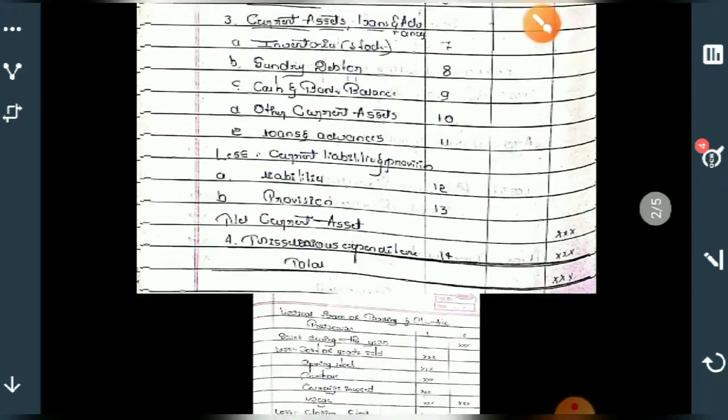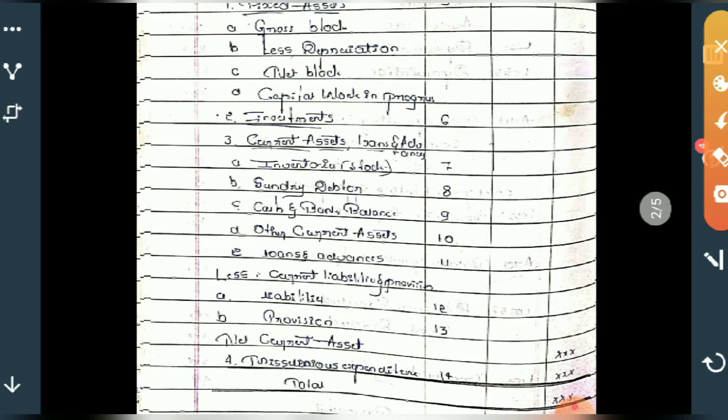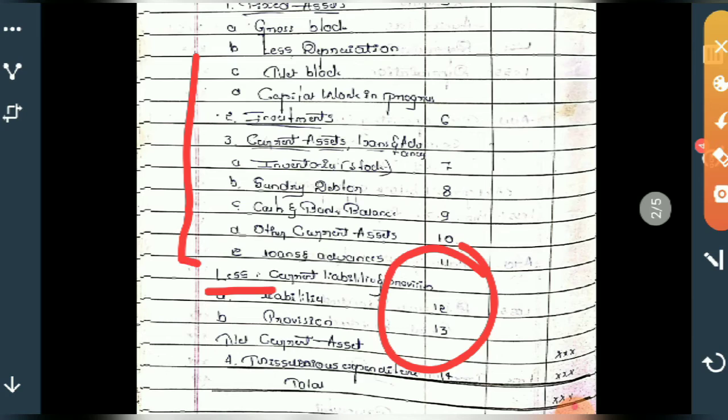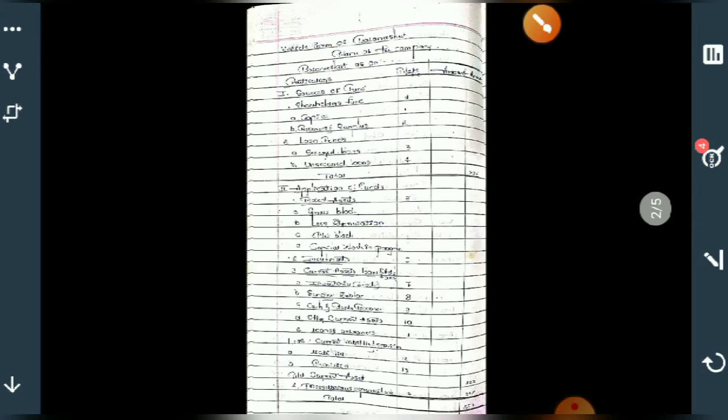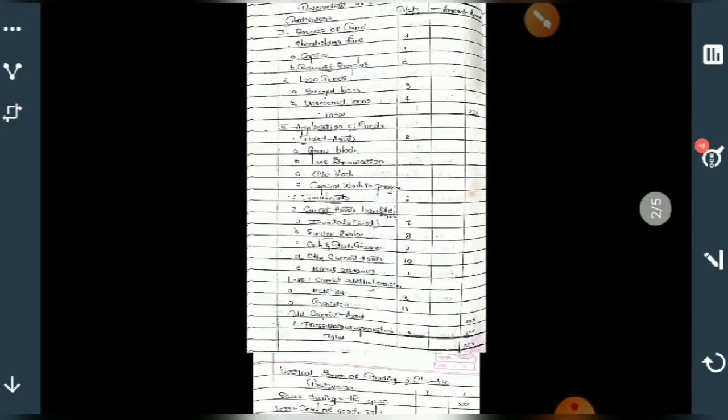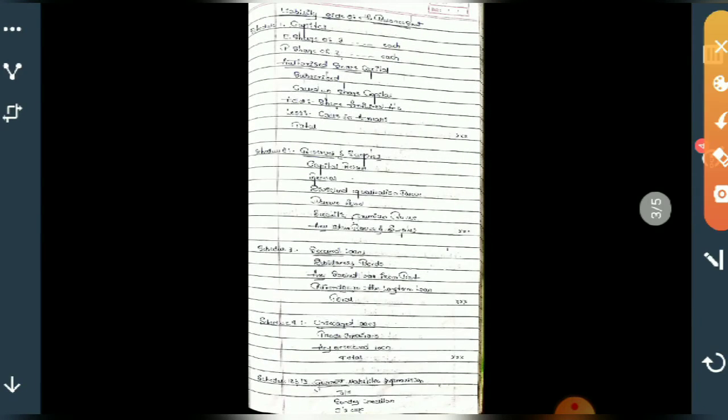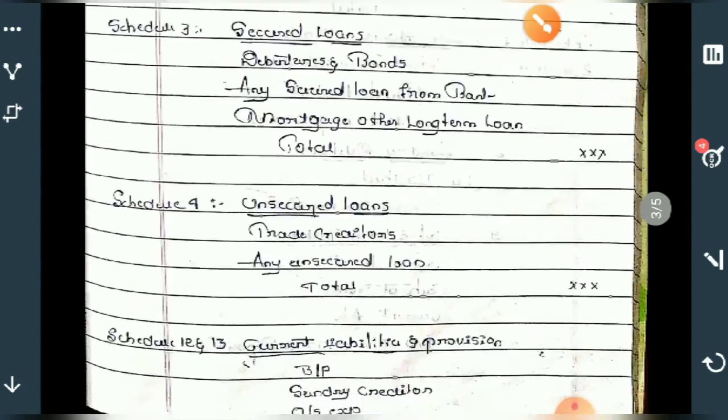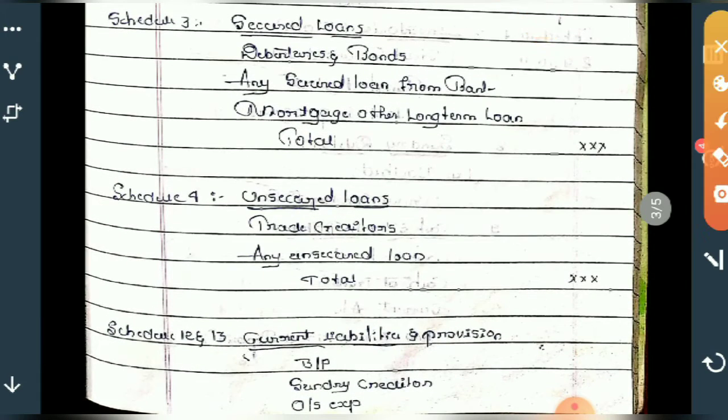But in the vertical format, your items 12 and 13 are deducted from the asset side. However, while writing the explanation of the notes, you have to write 12 and 13 first here. Note this particular thing, this is important. Do not get confused about it. So 12 and 13 are to be written after 1, 2, 3, 4.